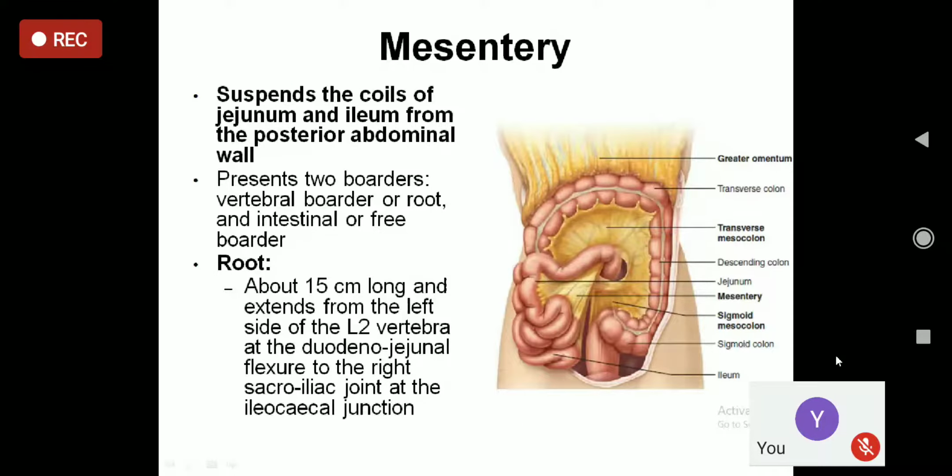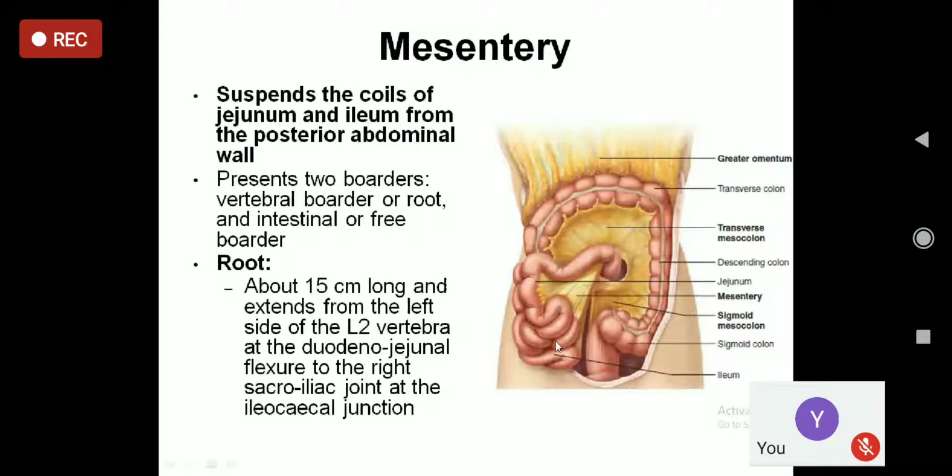The next fold here is the mesentery. Here we can see the fold of the peritoneum that holds the small intestine. This is the root of the mesentery. It suspends the coils of the jejunum and ileum from the posterior abdominal wall. Here we can see the posterior abdominal wall.